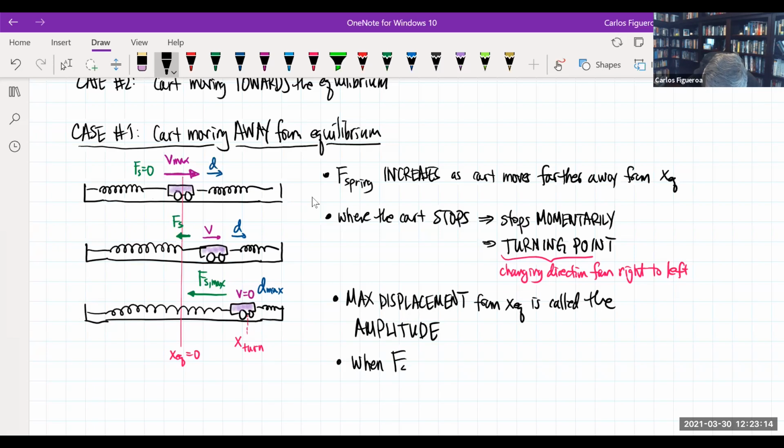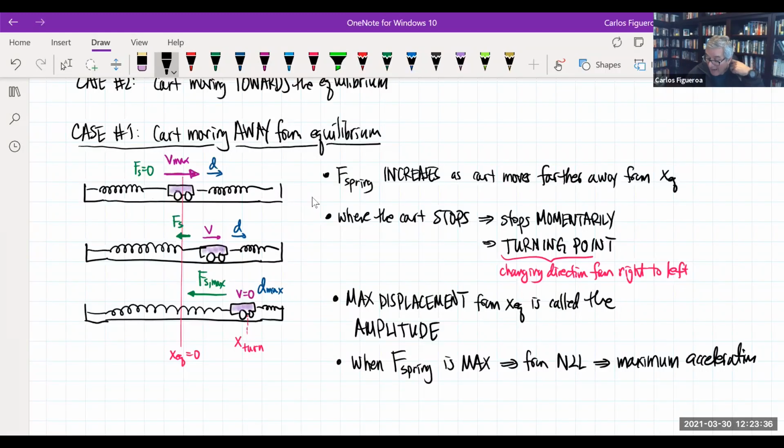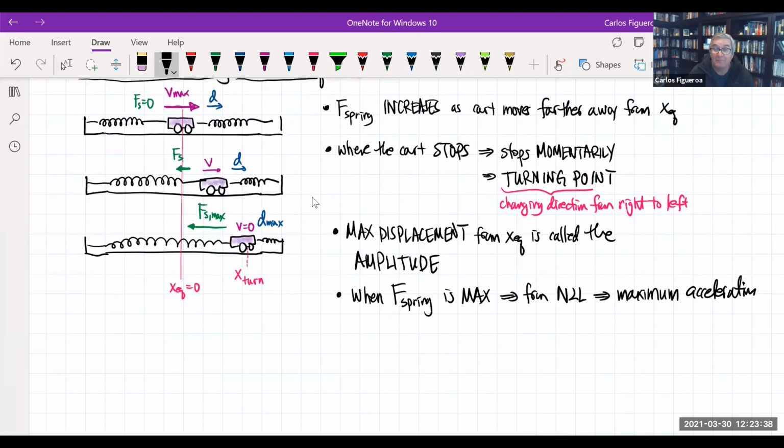And the other thing that we find here is that when F spring is max, then from N to L, that tells us that we have maximum acceleration. So even though the object is at rest, we've got to be careful with the language here.